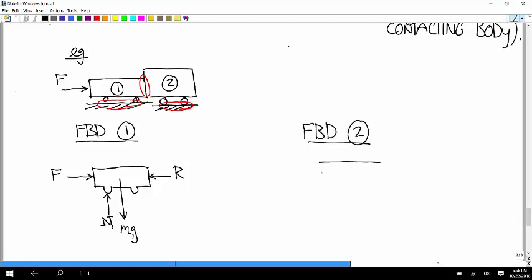So there's the boundary. Steps for the free body diagram: we have the boundary, no internal stuff, no surroundings. Put the downward force representing the weight. So that's the mass of cart 2, M2, times 9.81.